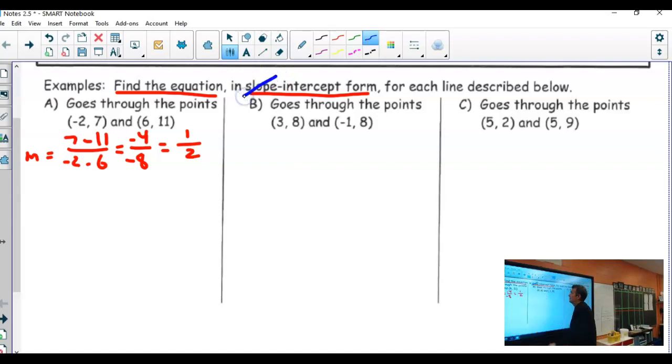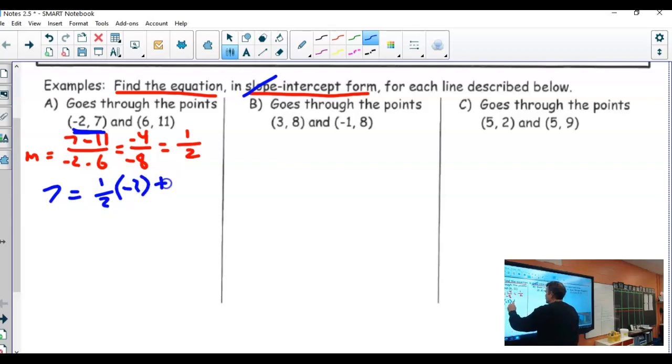So, got that part done. Now I need to find the y-intercept. To find the y-intercept, of course, I would use y equals mx plus b. And I'm going to use this point right here. What the heck? And I would say 7 equals 1/2 times -2 plus b.